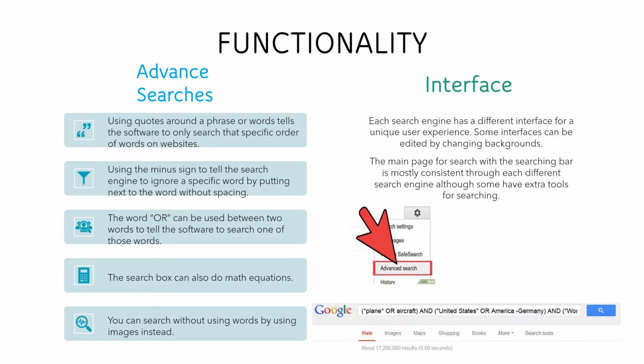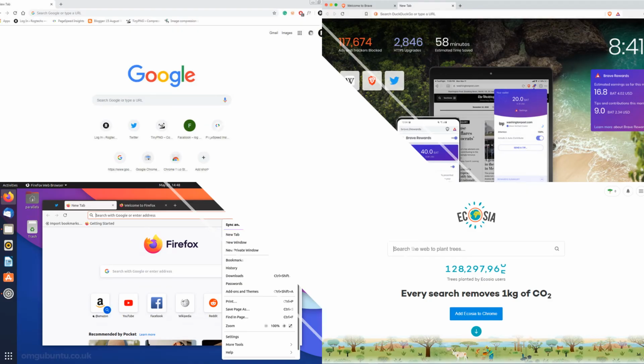And when it comes to the interface, each search engine has a different interface for a unique user experience. Some interfaces can be edited by changing the backgrounds. The main page for search with the search bar is mostly consistent through each different search engine, although some have extra tools for searching, like you can see in those images, advanced search, or Google with the advanced searches.